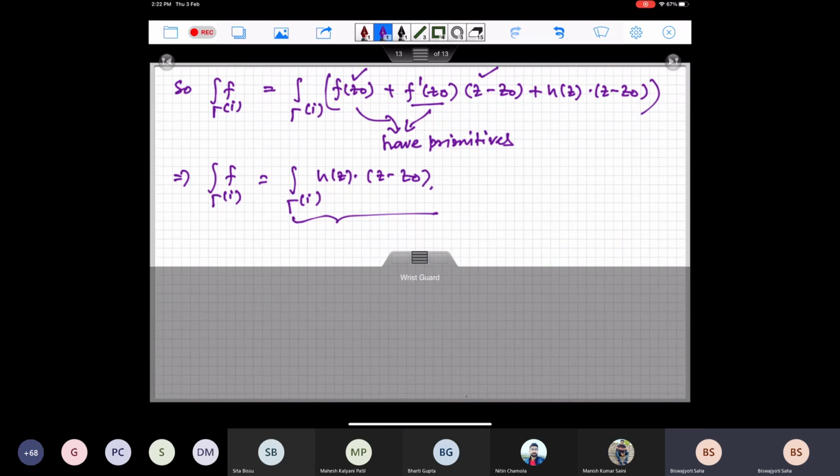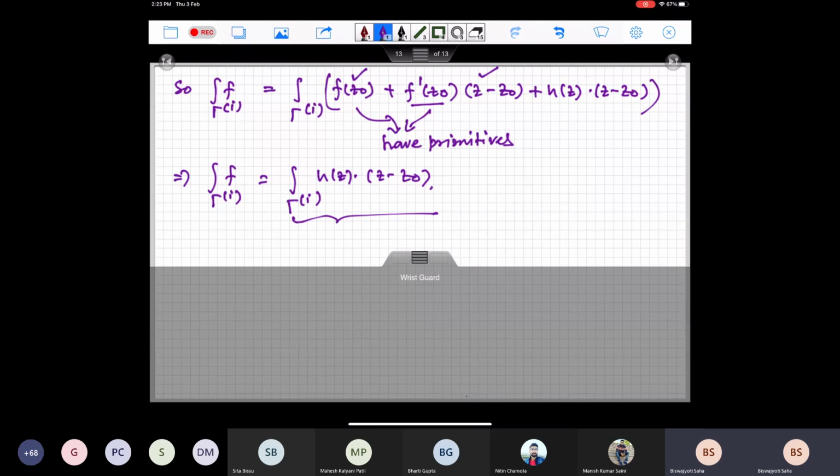If I want to estimate this integral, you have only one thing in your hand: you can try to use the ML inequality. Let us see how we are going to use the ML inequality.